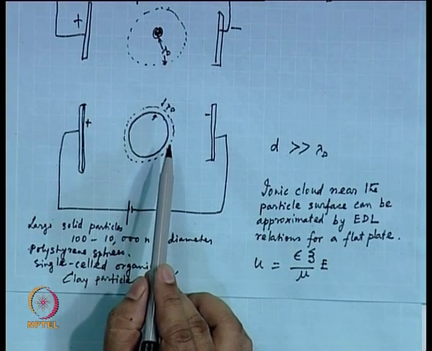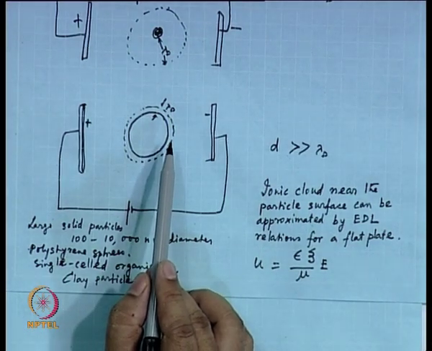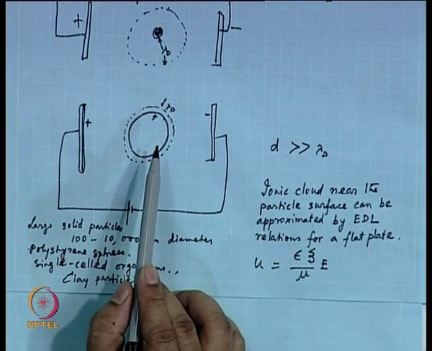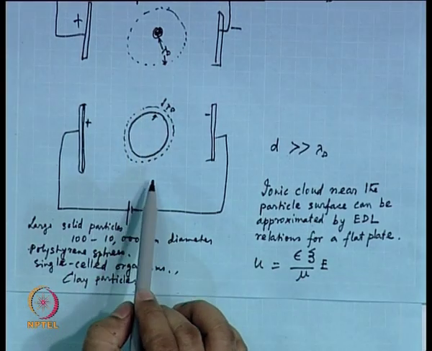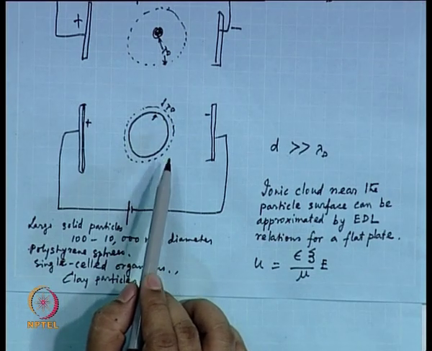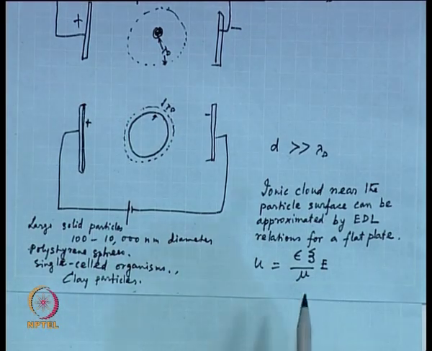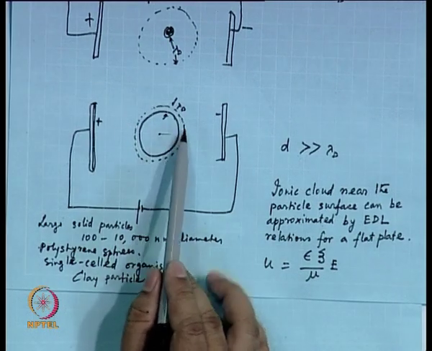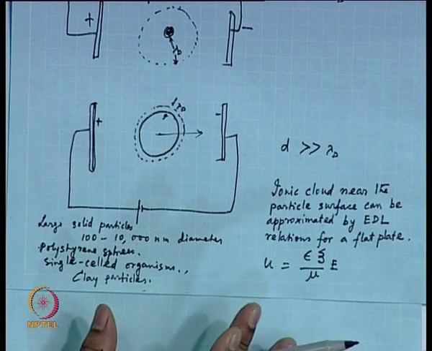That is the argument here: the particle is too large, so the double layer formed around the particle governs the velocity, and that electroosmotic velocity would be governing the motion of this particle. That is how the treatment would be.